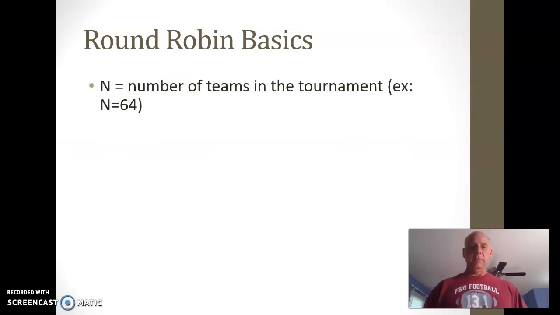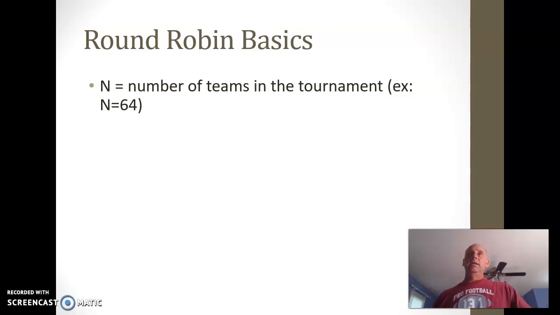The first thing you think about is the number of teams in a tournament. Whenever you see the uppercase N, it just means the number of teams in a tournament. In this case we have 64 teams in the tournament. Sometimes we'll do math to solve for N so we can figure out how many teams we can have in a tournament. A lot of times in round robin when we run leagues, we have people register and we get a total number of teams.